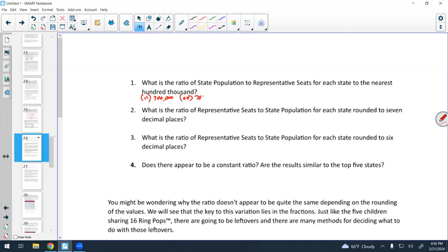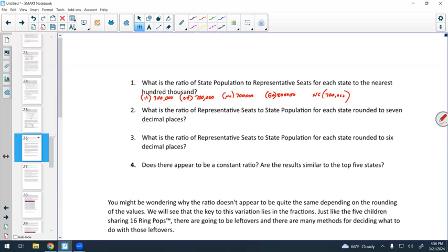Ohio is 700,000. Michigan is 700,000. Georgia, however, is 800,000, and North Carolina is 700,000. Again, rounded to the nearest 100,000.